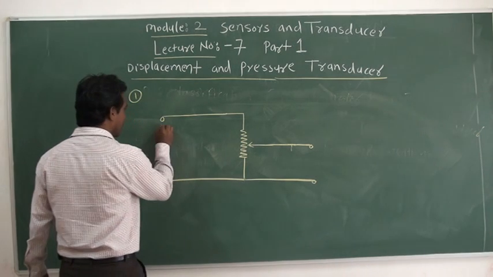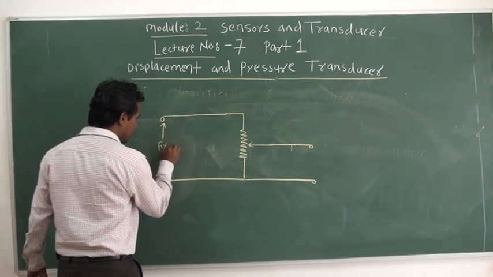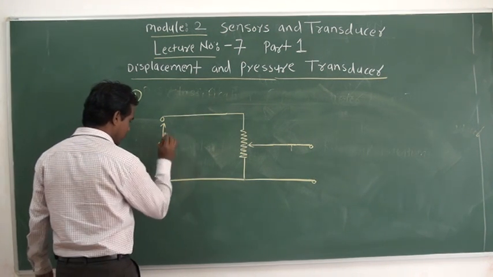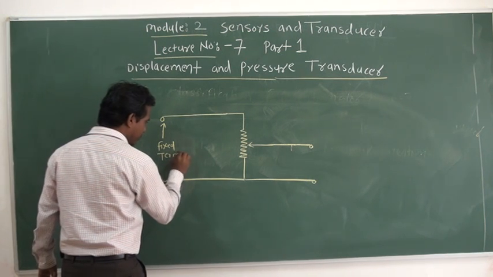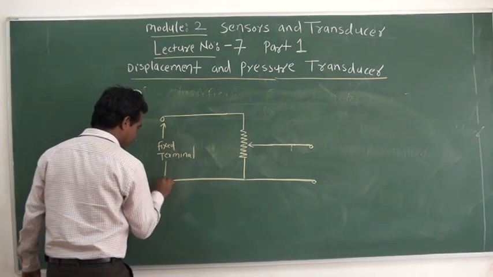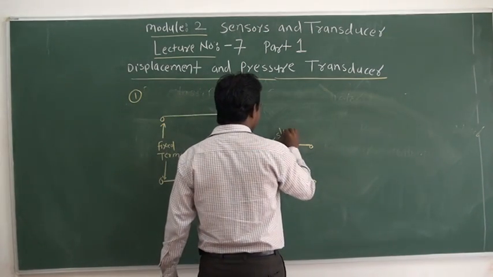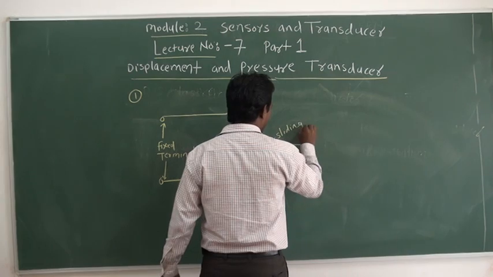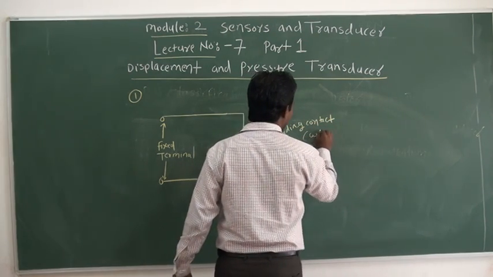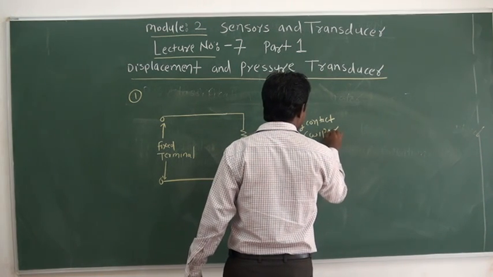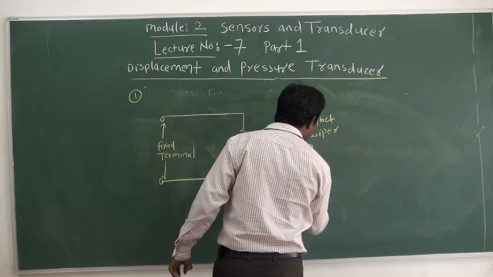So here the fixed terminal is where the input voltage is applied, and here this is called the sliding contact, that is basically called the wiper, and this is a variable terminal.